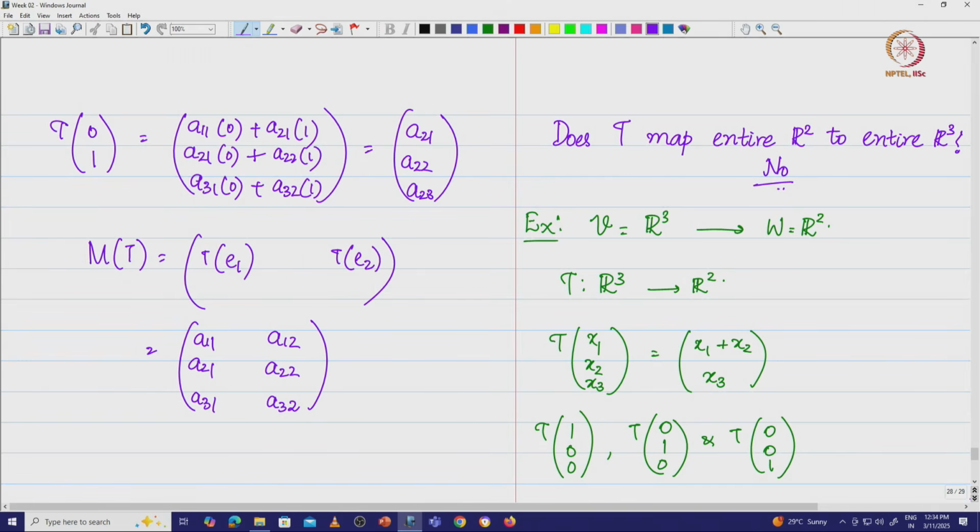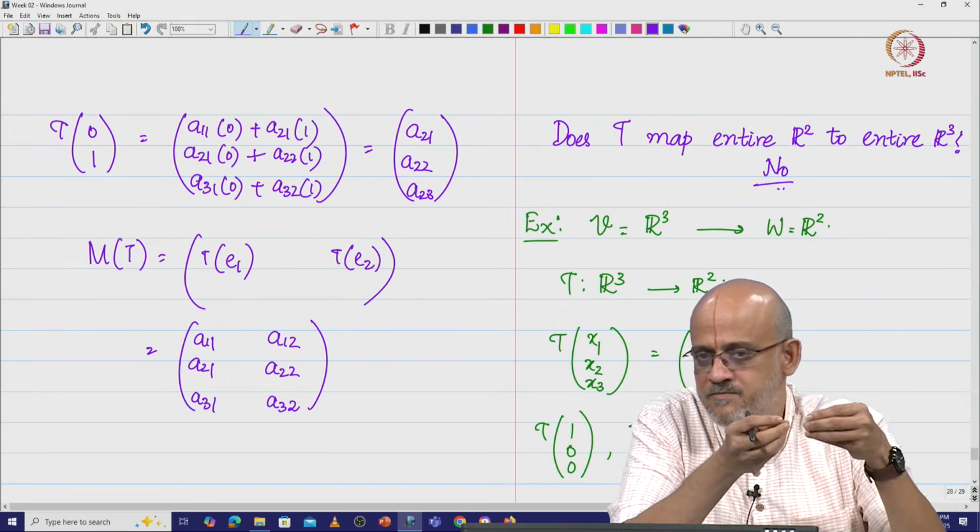So, what are we trying to say? In the case of R2 there are only 2 pieces of information which are coded in the 2 elements of a basis. R3 requires 3 pieces of information, so you already lack 1 piece of information here.